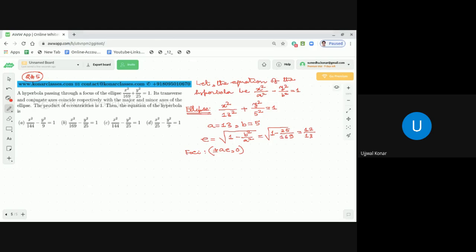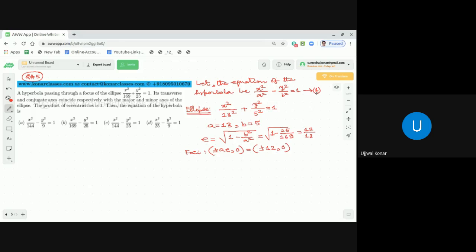So if we multiply, a into e becomes 12. So it is plus minus 12 comma 0. Now, according to the question, the hyperbola is passing through the point plus minus 12 comma 0. Correct? So let me give the equation of that hyperbola as equation 1.